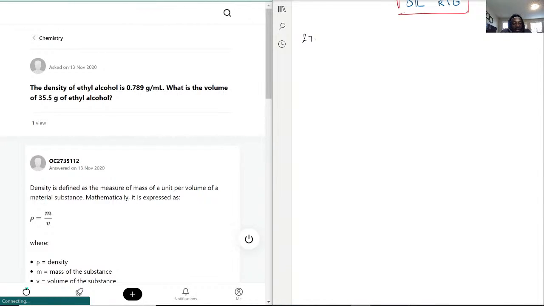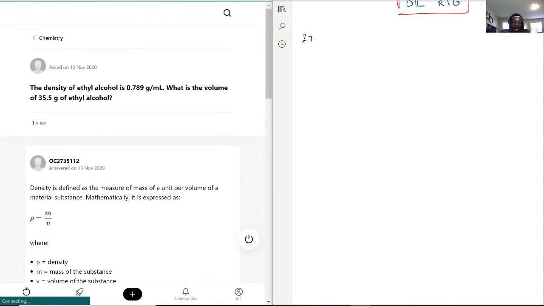The density of ethyl alcohol is 0.789 grams per milliliter. What is the volume of 35.5 grams of ethyl alcohol? So they're nice enough to give us a formula to calculate density. What if we didn't have that? How would you approach this question? The same way, you try to cancel your units.